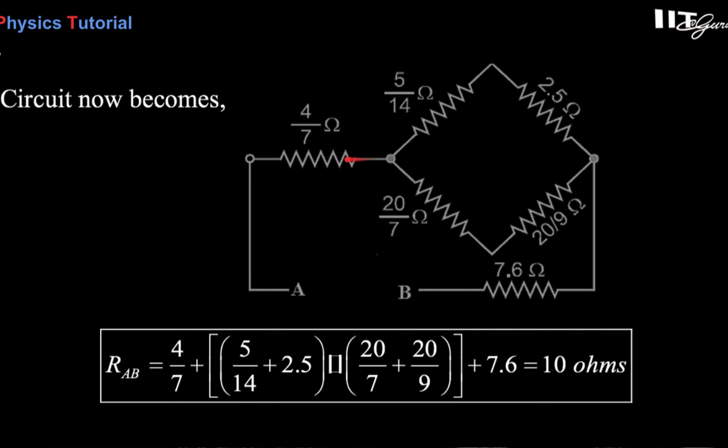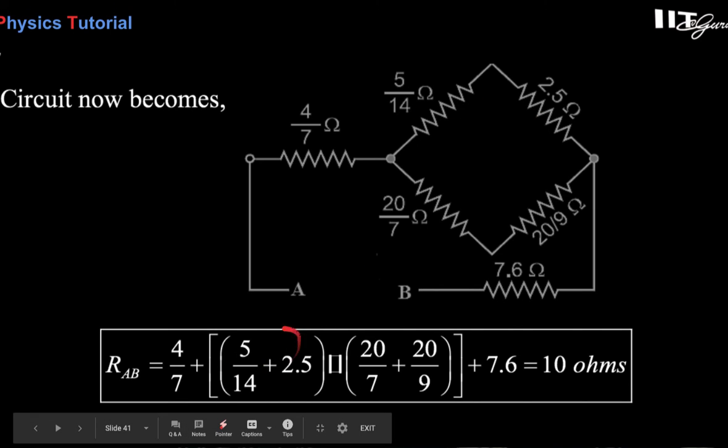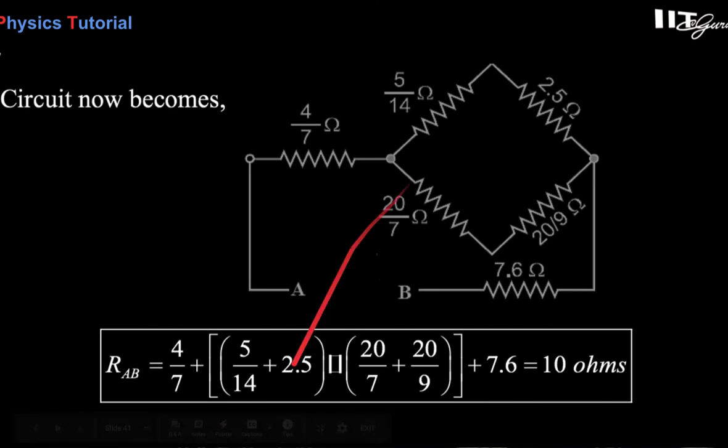And in this way, when you get this star, then this 5 by 14 and 2.5 are now in series, and 20 by 7 and 20 by 9, once again in series, and the resultants are in parallel. So 5 by 14 plus 2.5 is series, and 20 by 7 plus 20 by 9 is in series, and these two equivalents are in parallel.